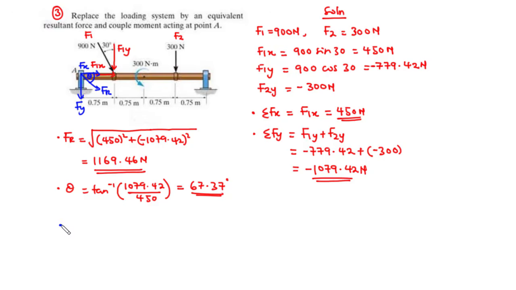So now let's move ahead and find the resultant couple moment acting at point A. So for this, we are going to consider the forces F1y, F1x, and then F2. Now we are also going to consider all the forces to be positive, except that we are taking an anticlockwise moment.